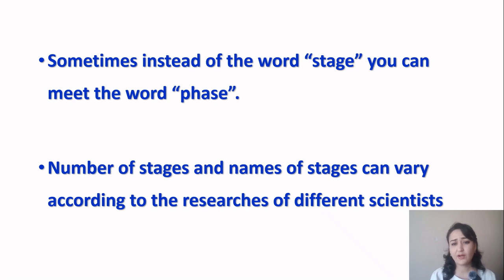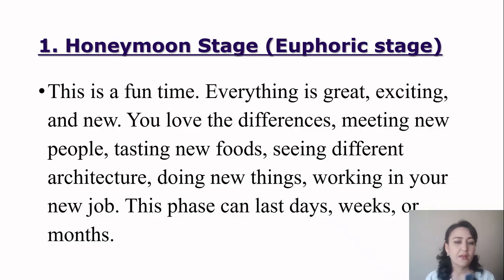Sometimes instead of the word stage you can see the word phase. Number of stages and names of stages can vary according to the research of different scientists. First one, honeymoon stage, and in some sources it's also called euphoric stage.